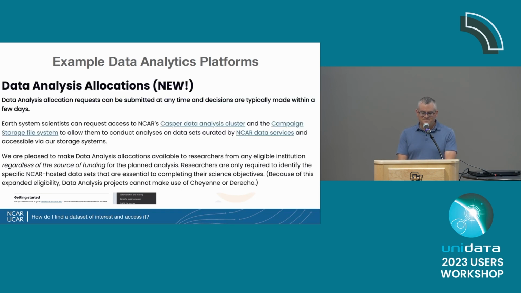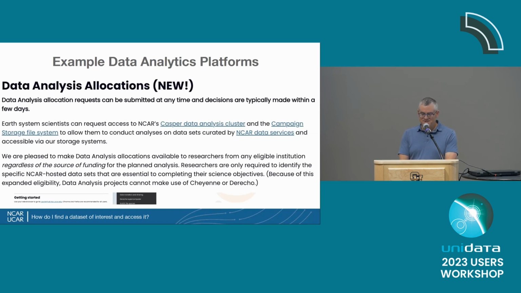And then we also have data analysis allocations, and I recommend this for users of the Research Data Archive. So this allows users to either access the Jupyter Hub environment that I just described, or get logins on the Casper data analysis cluster and run more traditional batch-based command line workflows.